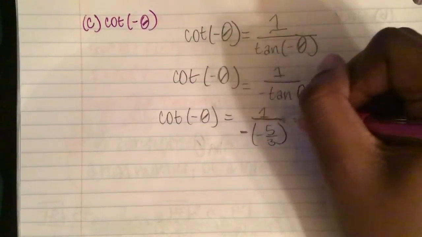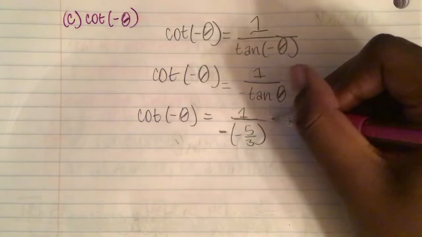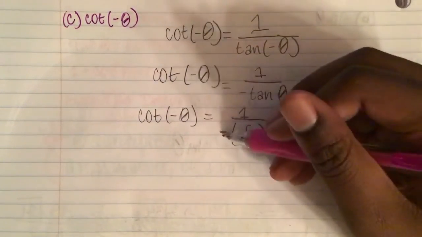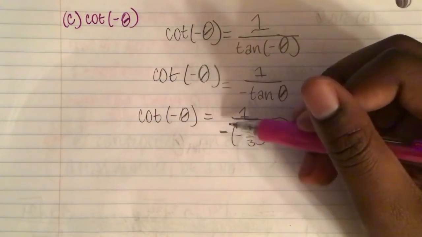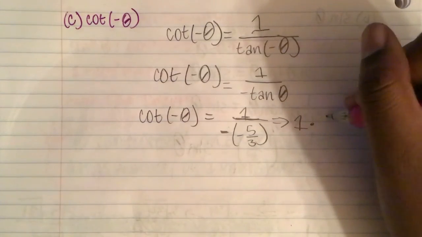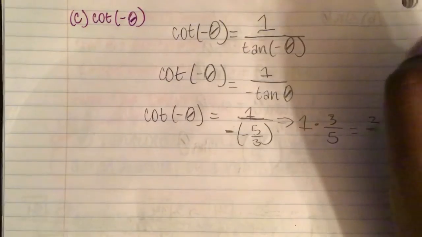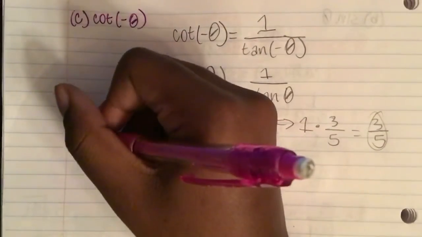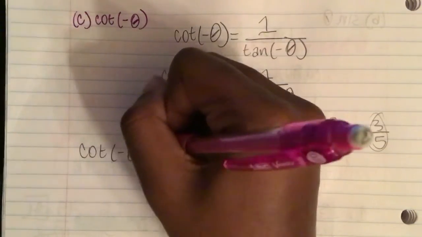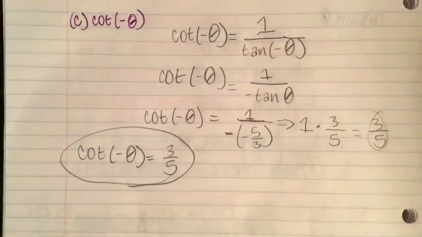When you multiply this, it's just going to be negative 1 times a negative, that's a positive, times 3 over 5, and that's going to equal 3/5. So ultimately, the cotangent of negative theta equals 3/5. And that's our last answer.